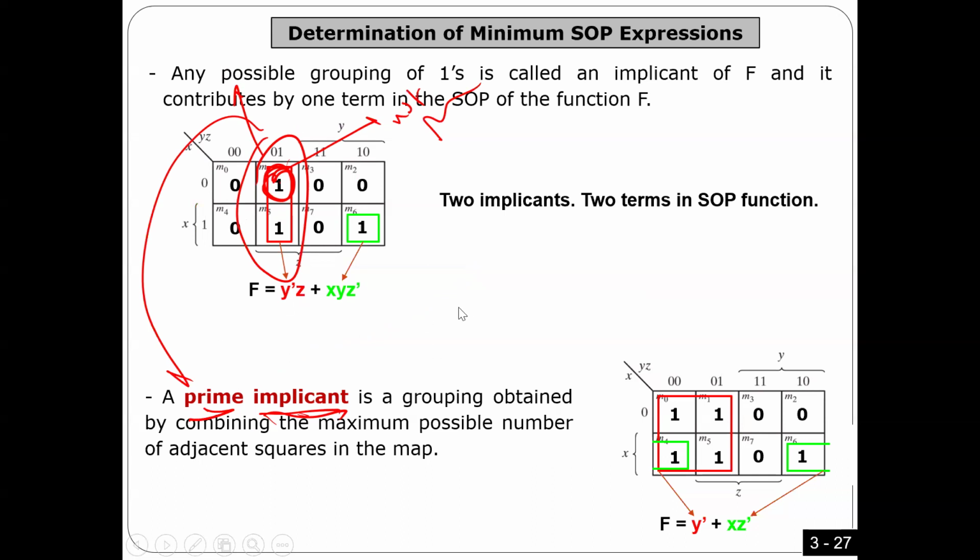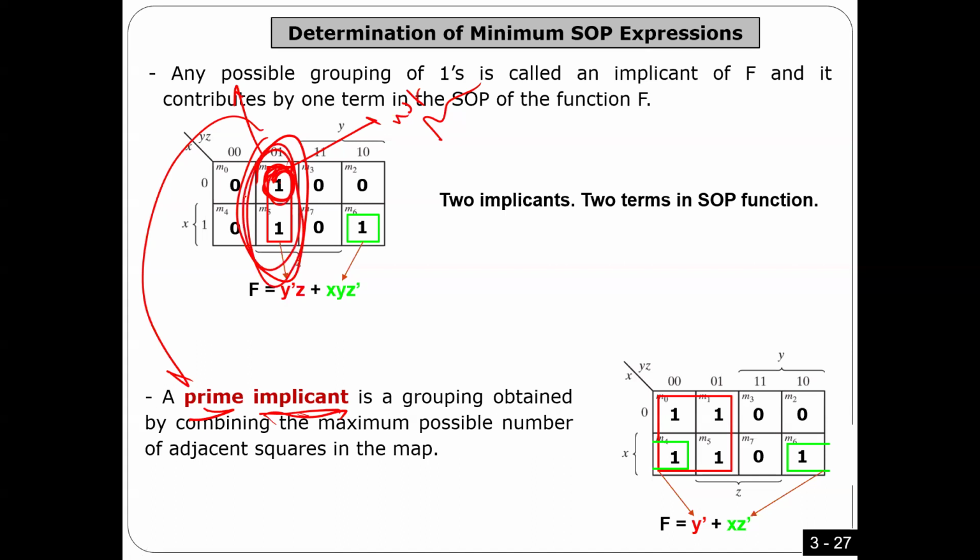One more thing. If you have in your function only one implicant which is not prime, 100% your function is not the most simplified. So here I divide groups into two different types: one I call prime and one I call not prime. Prime means the biggest possible groups.